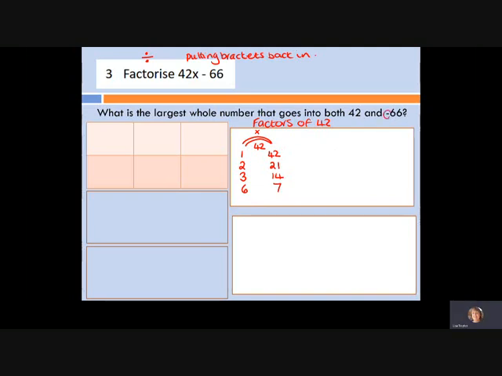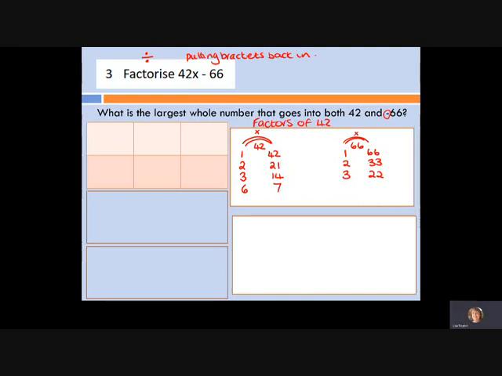I know that says negative 66, but for the moment, let's just pretend it says 66. So we're looking now at numbers that multiply to make 66. This gets a little bit trickier, but here we go. So we've got 1 and 66, 2 and 33. If I divide that by 3, I get 22. Can I divide it by 4? Well, let's test it out.